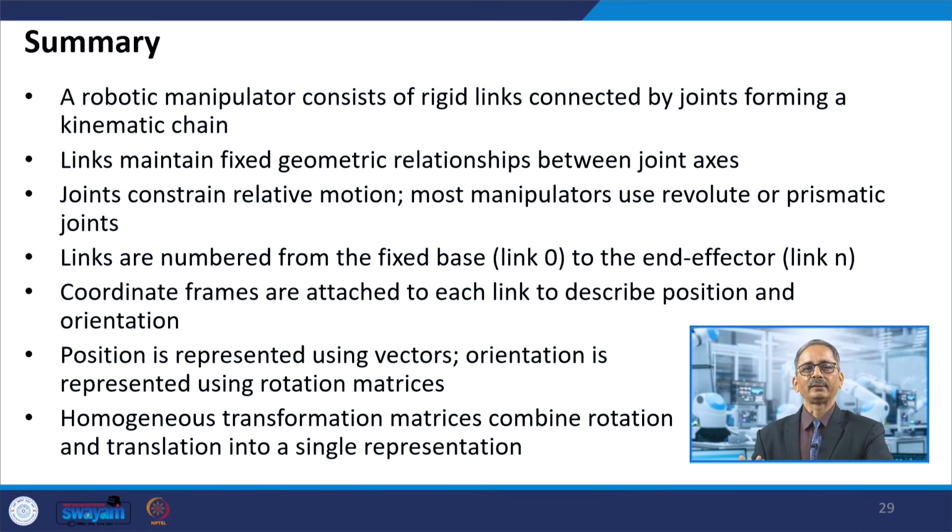And this way we can use the homogeneous transformation matrix to find out the position and orientation of the end effector with respect to the base frame, which I am going to study in our next lecture, where I am going to talk about the forward kinematics of the manipulator, where essentially what we are going to do is, for the given joint angles, answer the question of where my tip is.